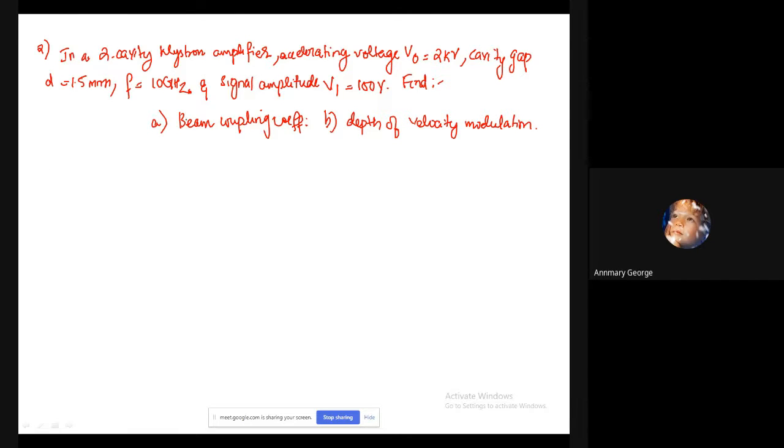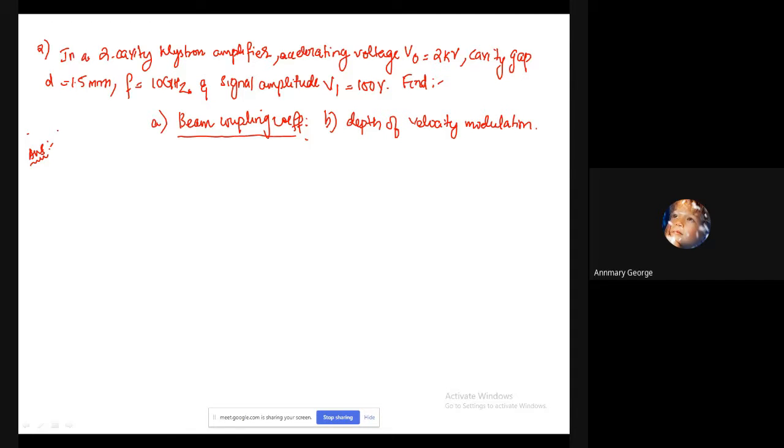I think you can find this value, beam coupling coefficient. Okay. Just substitute, it's just direct substitution. Have you written this question?